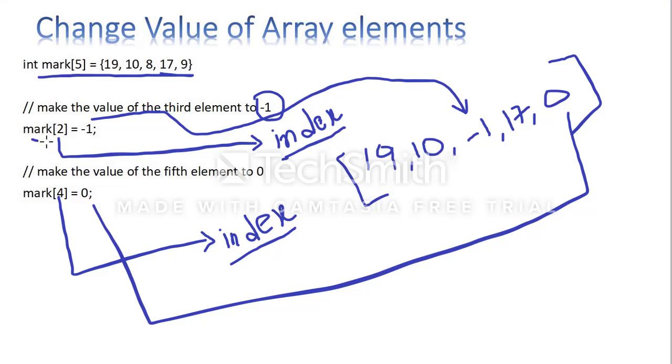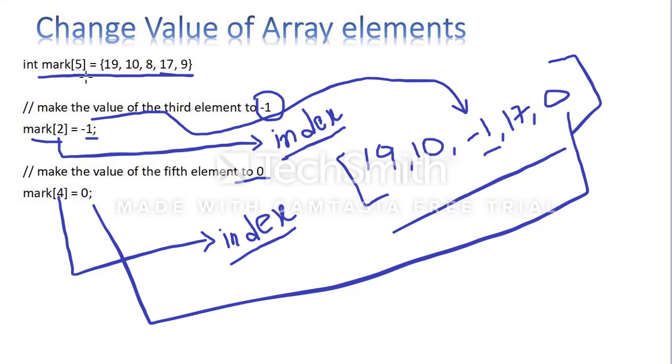Mark of 2 is equal to -1 means where the index is 2, the value is going to change to -1. Because the indexes are 0, 1, 2, 3, and 4, same like that. If you want to change an element to 0 where the index value is 4, then mark of 4 is equal to 0. The final array elements are 19, 10, -1, 17, and 0, assigned to the array mark of 5.